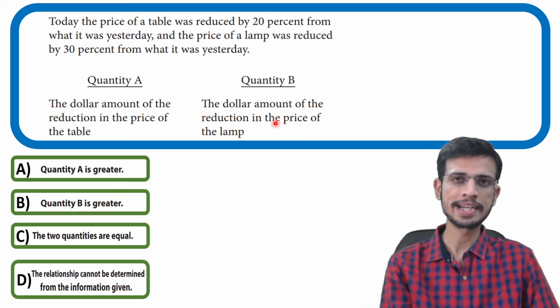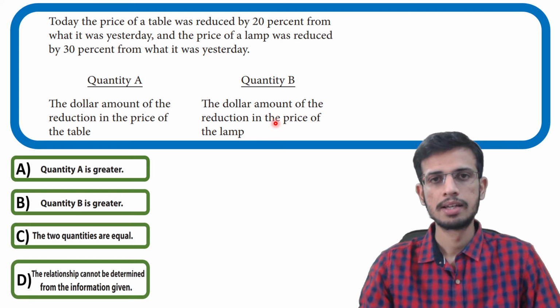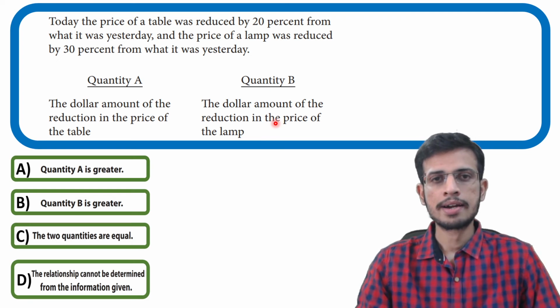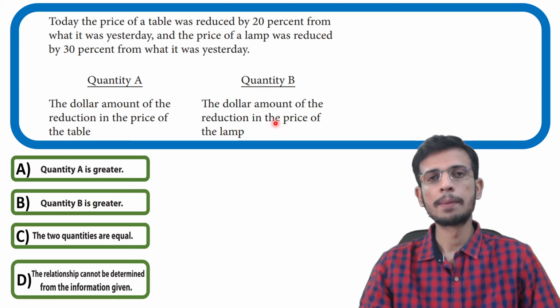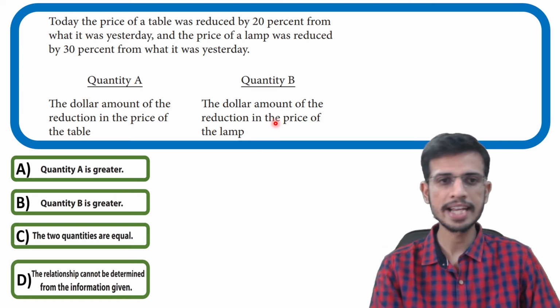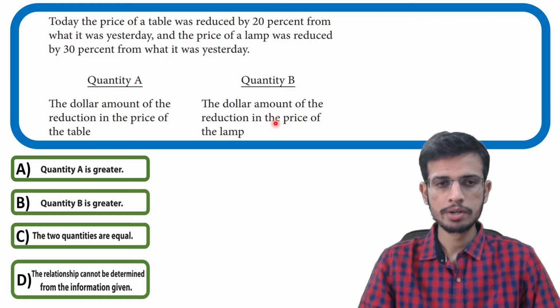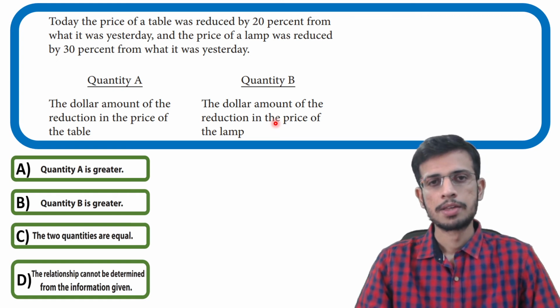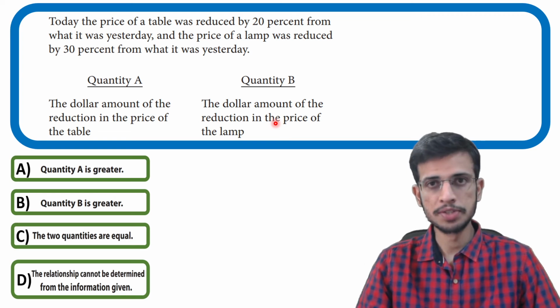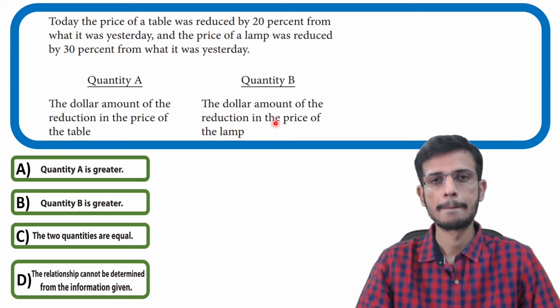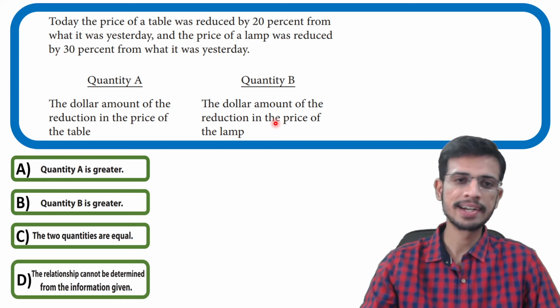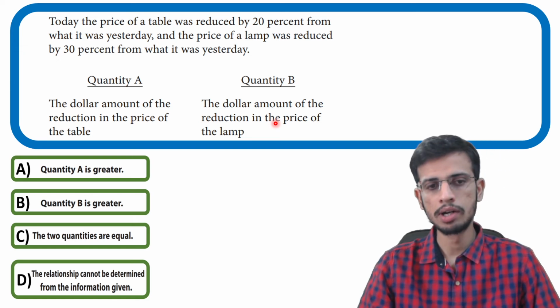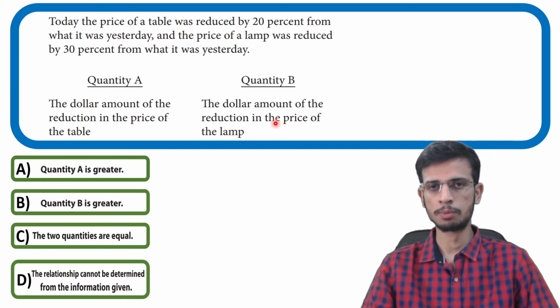We have to compare quantity A and quantity B. Don't be in a hurry, guys, because we want to solve all the questions with correct answers. You can think for a moment. You can pause this video if you want. Quantity A is greater, quantity B is greater, the two quantities are equal, or the relationship cannot be determined from the information given.